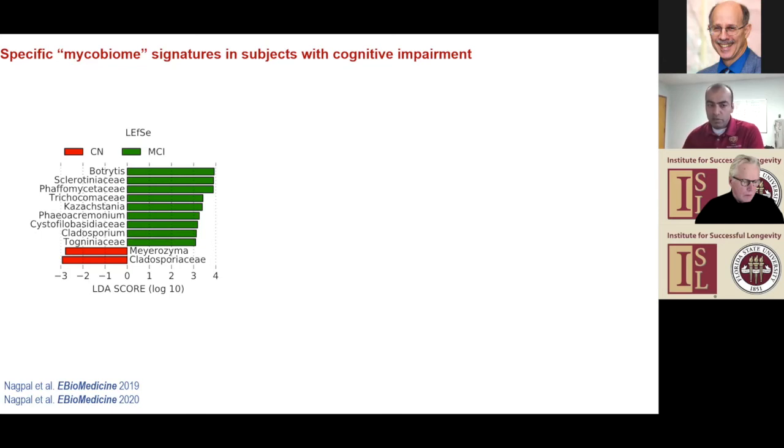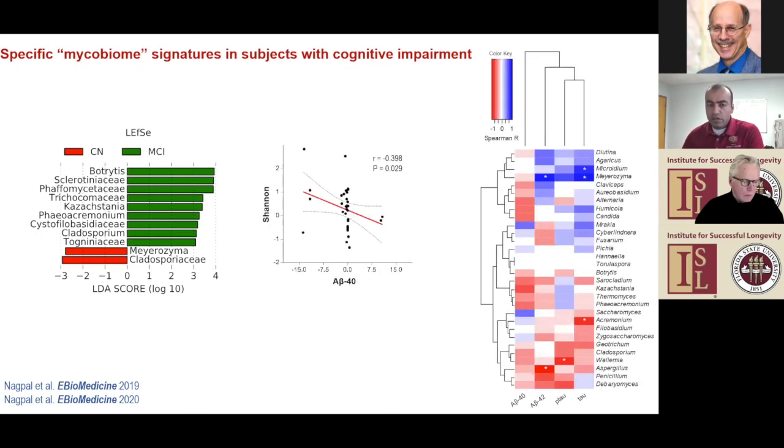And fungal diversity was also directly associated with several markers of Alzheimer's disease. There were 4 to 5 fungal genera in the gut of these patients that were correlated significantly with the markers of Alzheimer's disease, such as amyloid beta 40 and 42 proteins, total tau proteins, and phosphorylated tau proteins. These markers were measured in the cerebrospinal fluid of these patients.